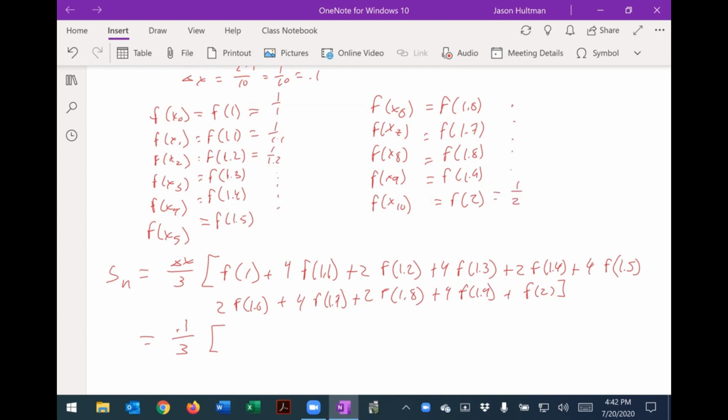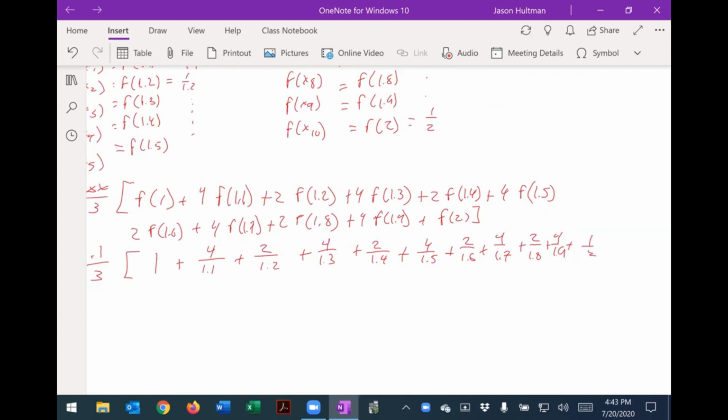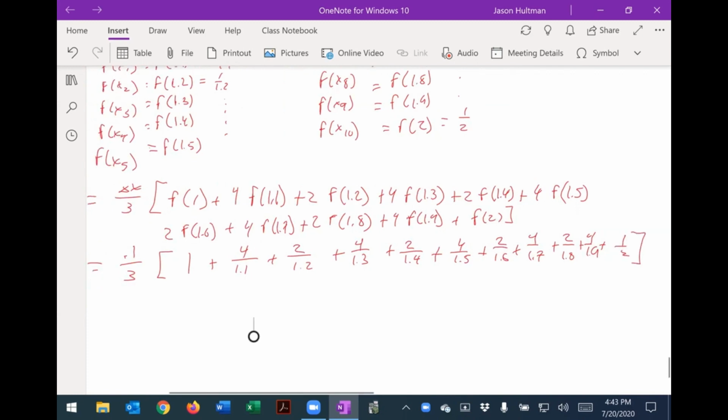So this is going to be 1 over 1, which is 1, plus 4 over 1.1, plus 2 over 1.2, plus 4 over 1.3, plus 2 over 1.4, plus 4 over 1.5, plus 2 over 1.6, plus 4 over 1.7, plus 2 over 1.8, plus 4 over 1.9, plus 1 over 2. Boom, that's a lot. That's a mouthful.